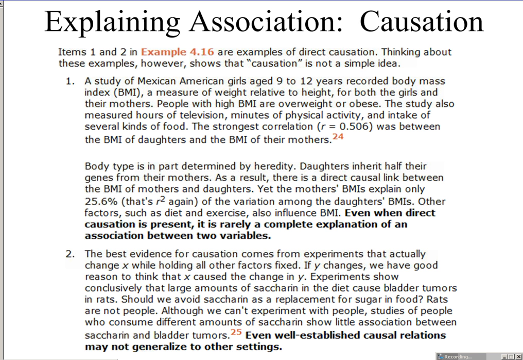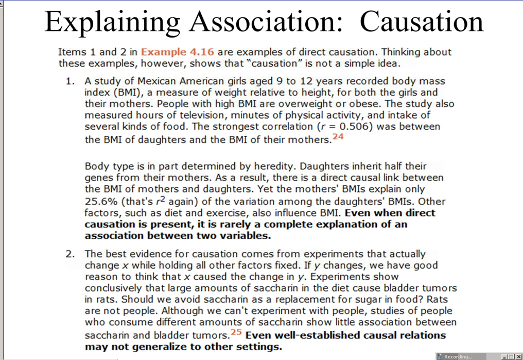As a result, there is a direct causal link between the BMI of mothers and daughters. Yet the mothers' BMIs explain only 25.6%, that's R squared, of the variation of the daughters' BMIs. Other factors such as diet and exercise also influence BMI. Even when direct causation is present, it is rarely a complete explanation of an association between 2 variables.